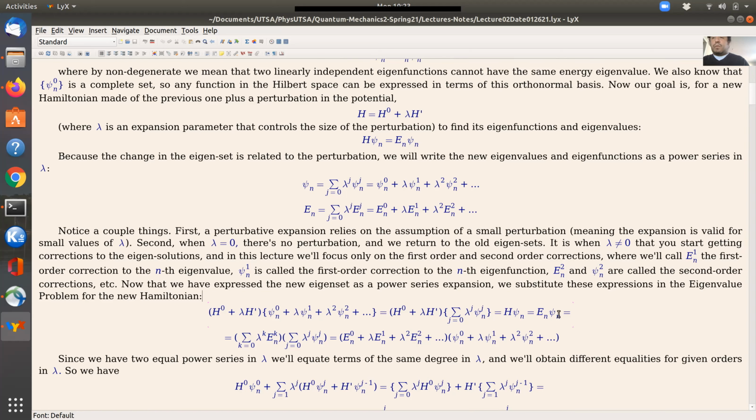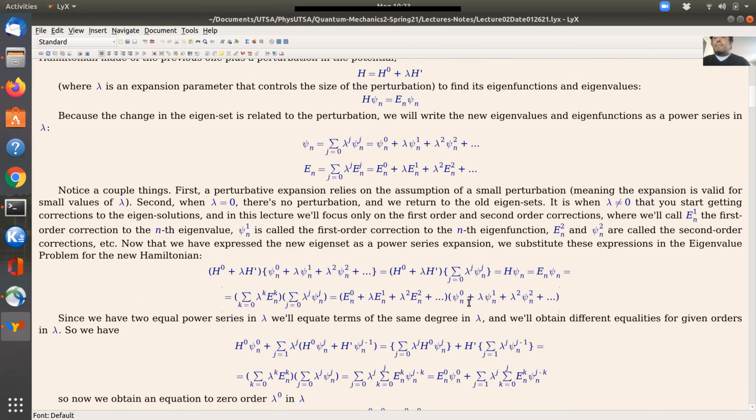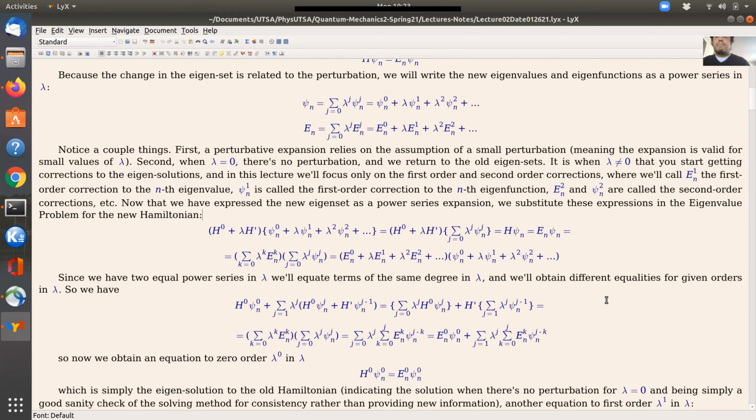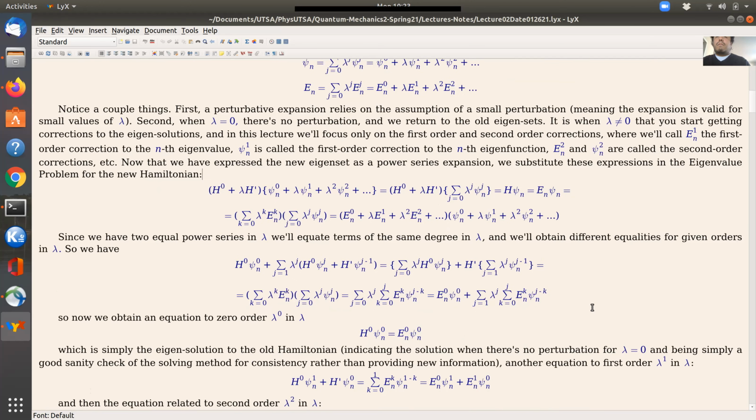This would be equal to, well, the Hamiltonian applied to the new wave functions is equal to the new energies times the new wave functions. That's why you have this multiplication of expansions. Expanded out, it would be like this. And what is going to happen?